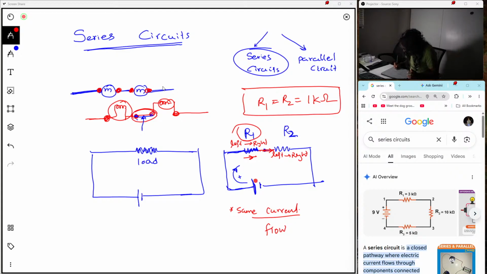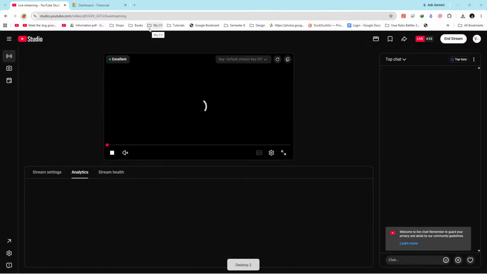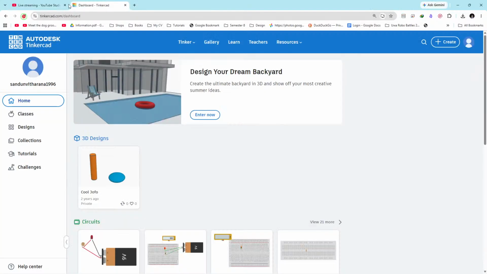We also need a power supply. Let's have it at 9 volts, because it is very easy to find a 9 volt battery if you are doing this experiment at home. We are going to build this circuit on the Tinkercad platform and see how it works.